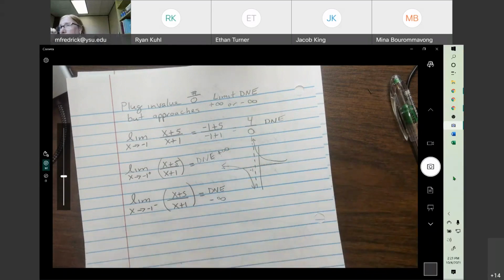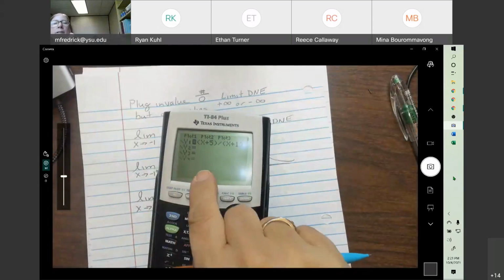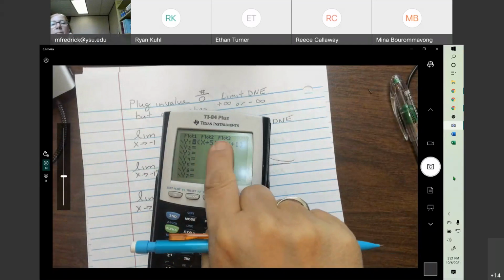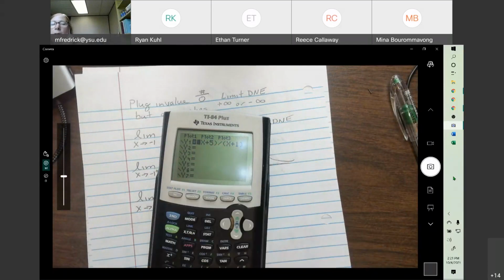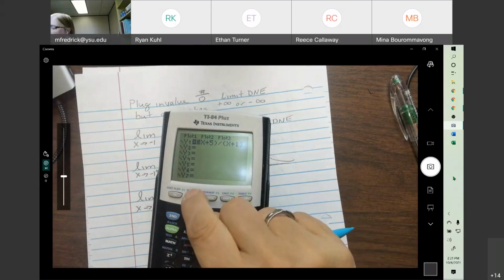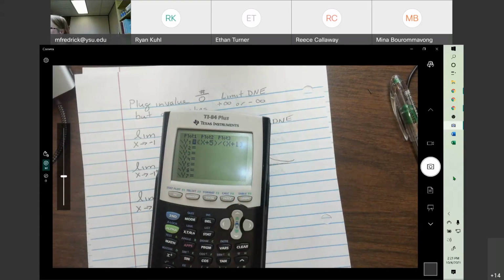Are there any questions on that? Did you say when we're putting it into our calculator, we just do it in the y equals screen? Yeah. So you put the equation in the y equals screen. I've done that, but when I try to graph it, it's telling me invalid dimension.